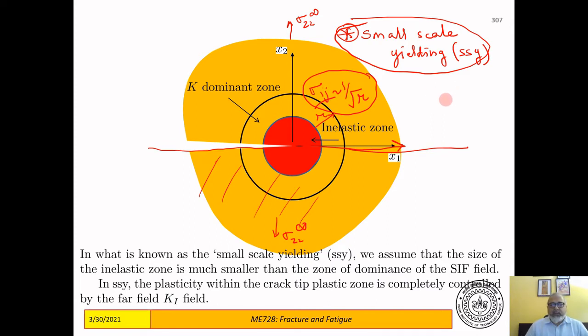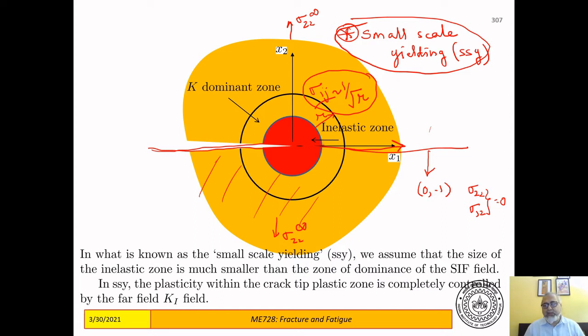When you draw the free body diagram of the upper part, you must realize that the normal to this is (0, -1). So when this is traction free, sigma 22 and sigma 12 are both 0. But only this part is traction free. Only this part is traction free where there is a crack.